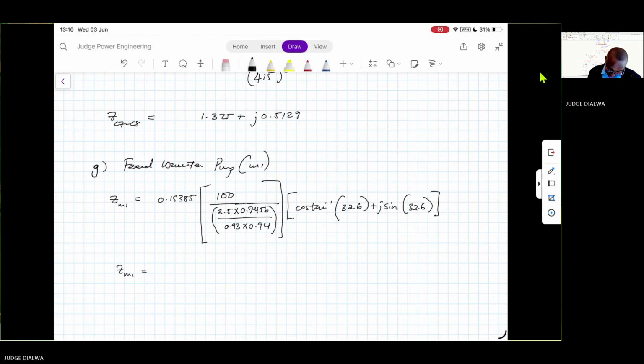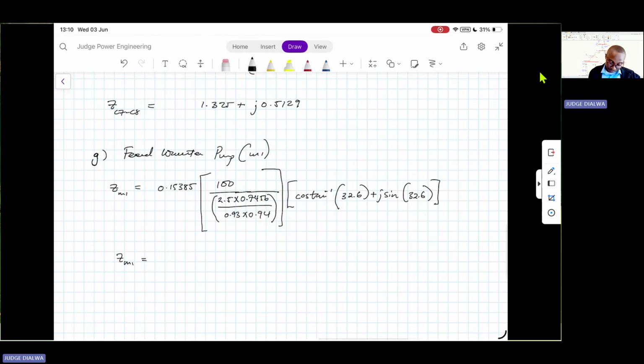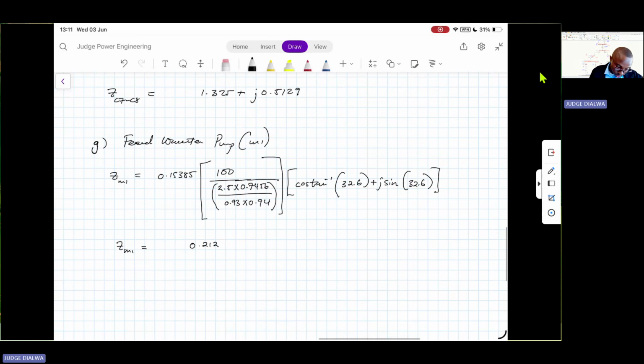Therefore, the equivalent impedance of our feed water pump, when you compute that in your calculator, you should get 0.212 plus j7.211.